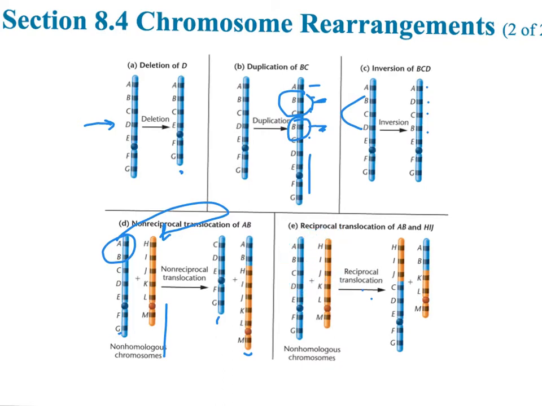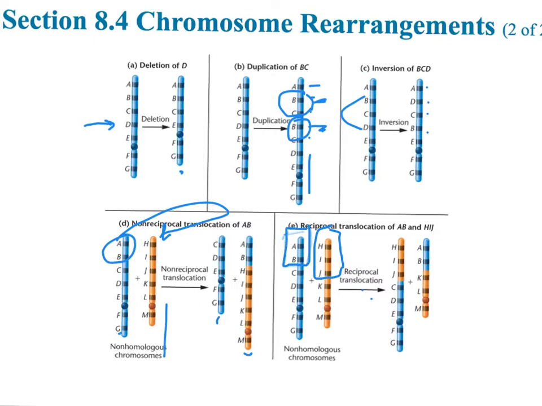So you get the AB right here, and then over here you have the HIJ, and then over here you get the AB. So that's the reciprocal change.